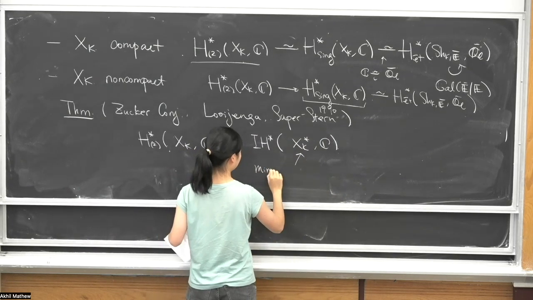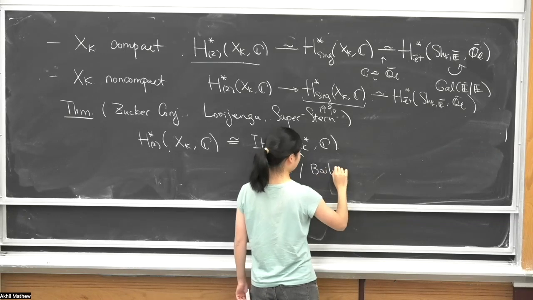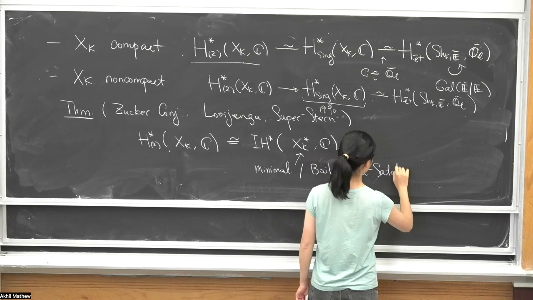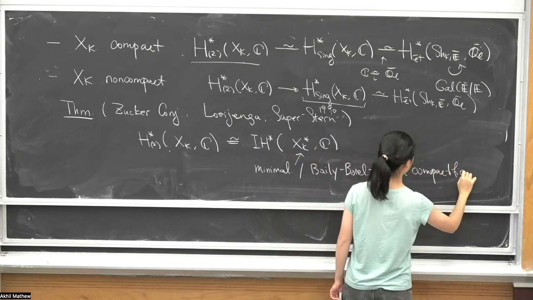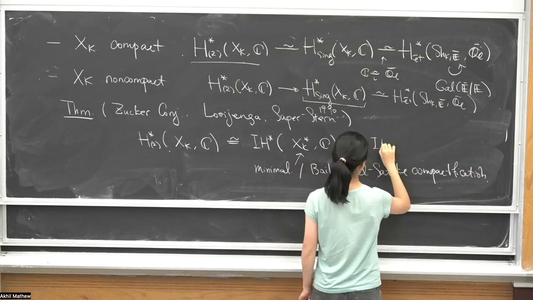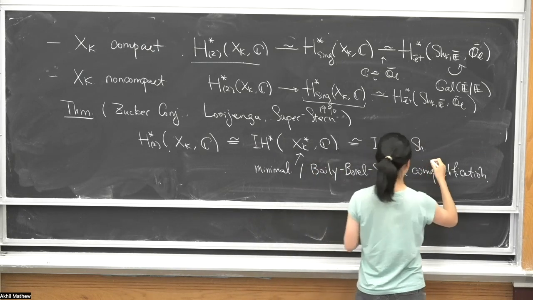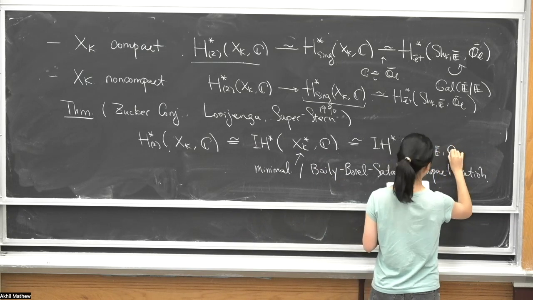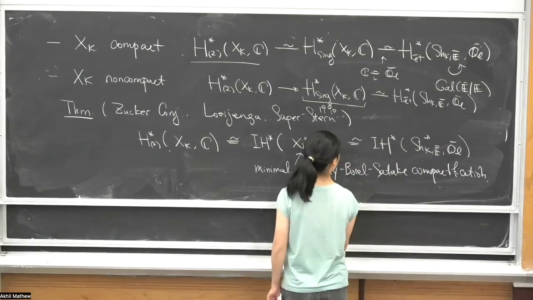This is either called the minimal compactification or Baily–Borel compactification. And this compares with its étale analog for this algebraic companion, which now carries the Galois action.